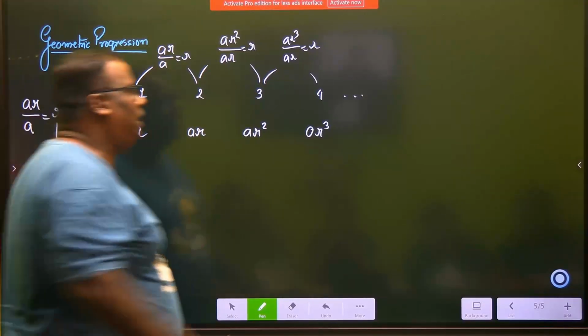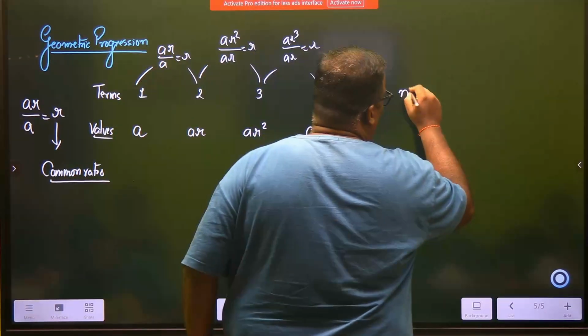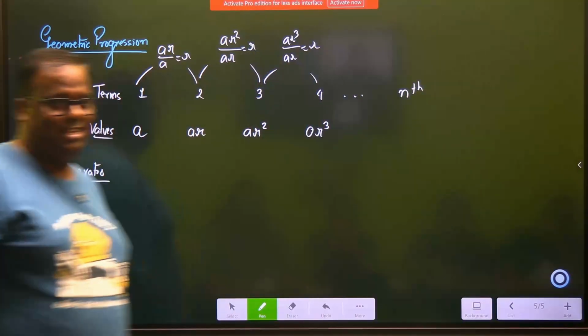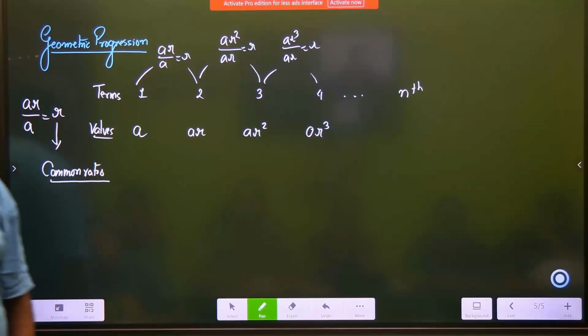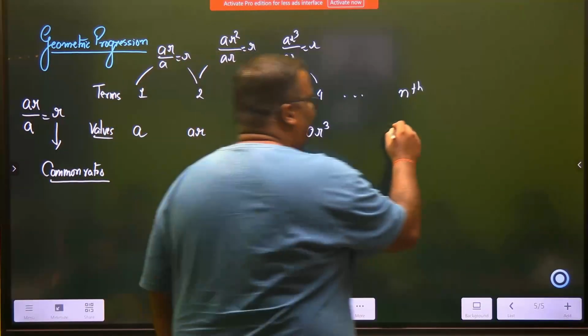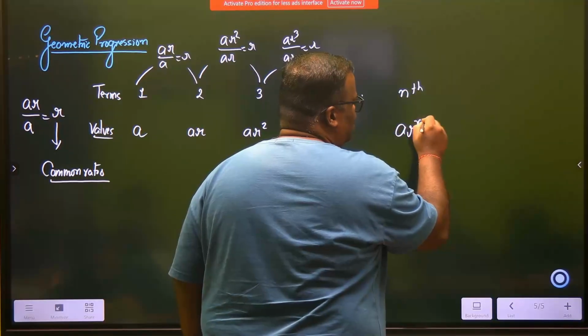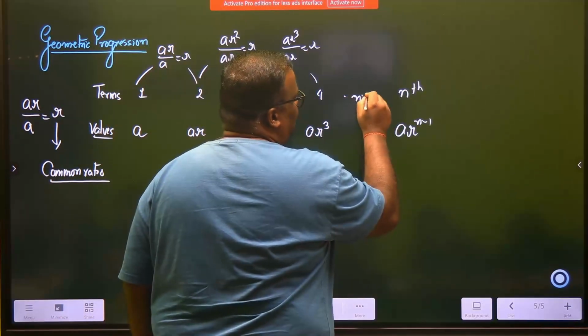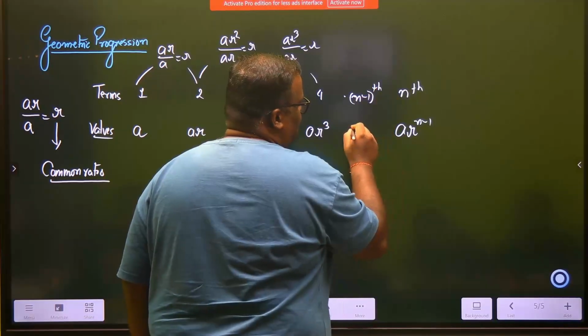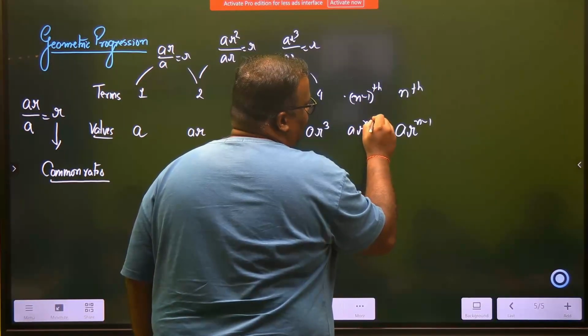So can you now predict what should be the nth one? It is ar to the power n minus 1. This is the nth term. So what should the previous one be? ar to the power n minus 2.